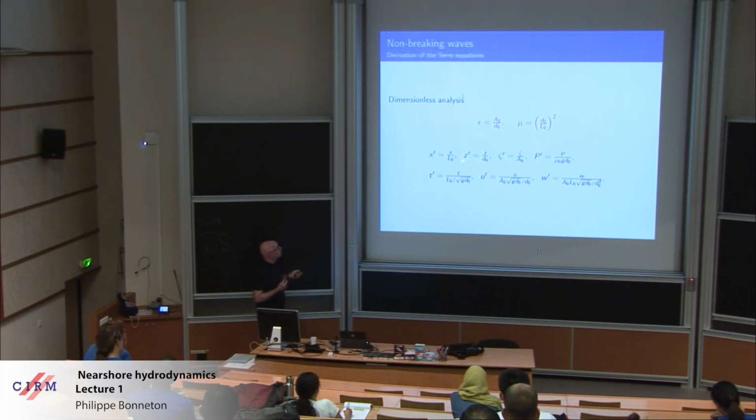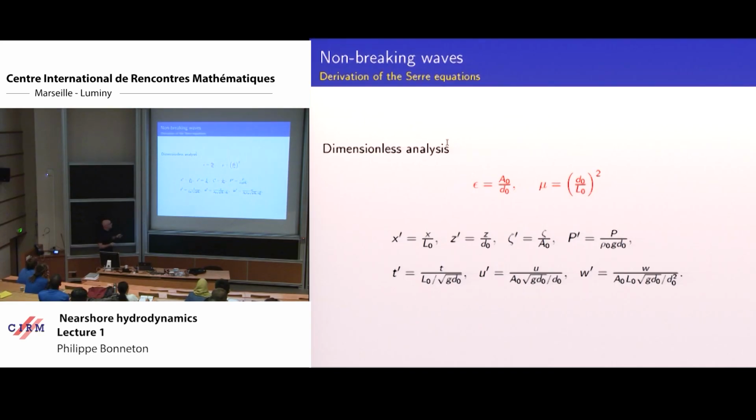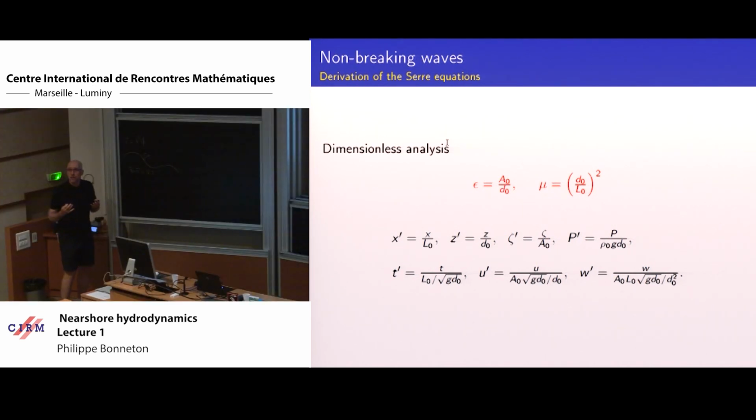For that, we divide the quantity x by the characteristic length of variation. So x prime is equal to x divided by L0. The same thing for Z, where D0 is a characteristic water depth, and so on for zeta. And for the pressure, we know that in shallow water, the pressure is close to hydrostatic balance.